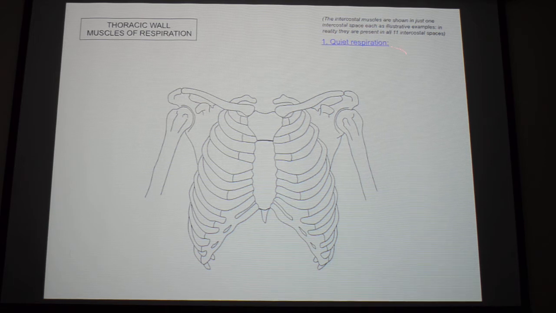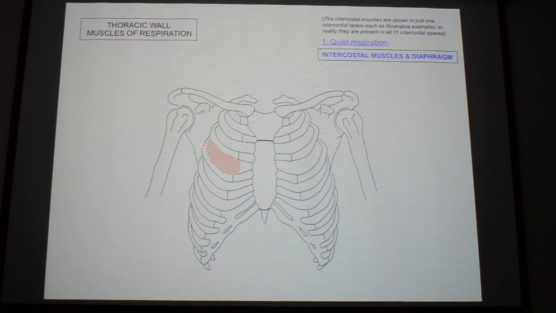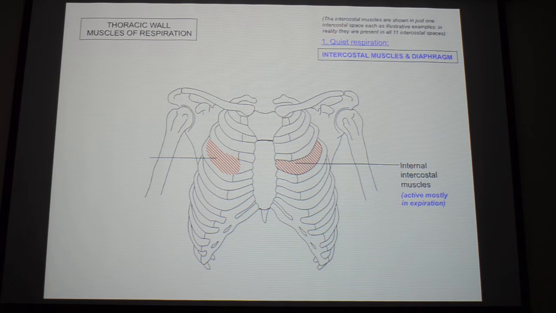So let's take the muscles that bring about the quiet respiratory movements. We have the intercostal muscles, and what is the direction? External intercostal muscles. And this one, opposite to that, is internal. So we have external and internal intercostal muscles.